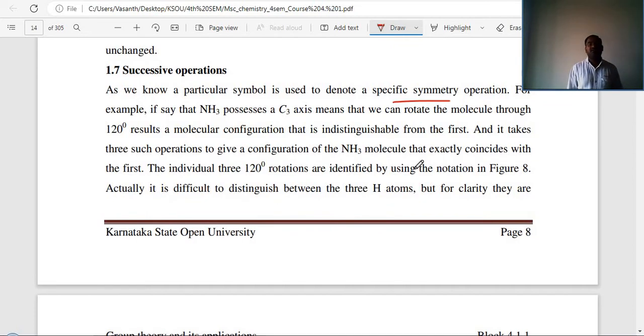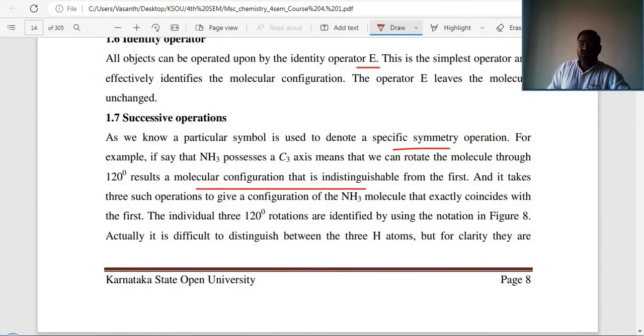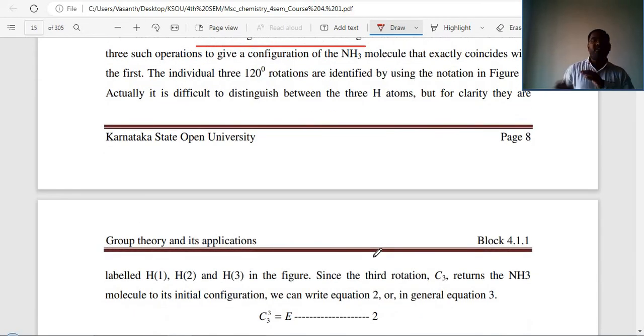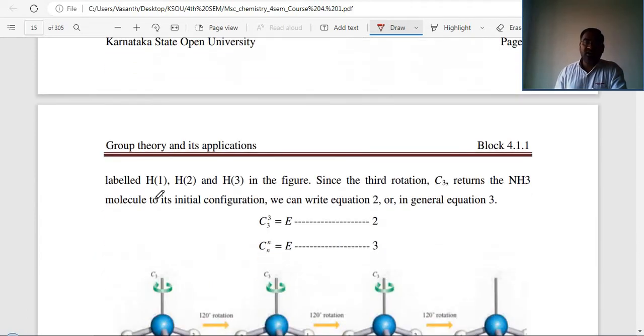For example, if we say that NH3 possesses a C3 axis, it means that we can rotate the molecule through 120 degrees, resulting in a molecular configuration that is indistinguishable from the first. Actually, it is difficult to distinguish between the three hydrogen atoms, but for clarity they are labeled.